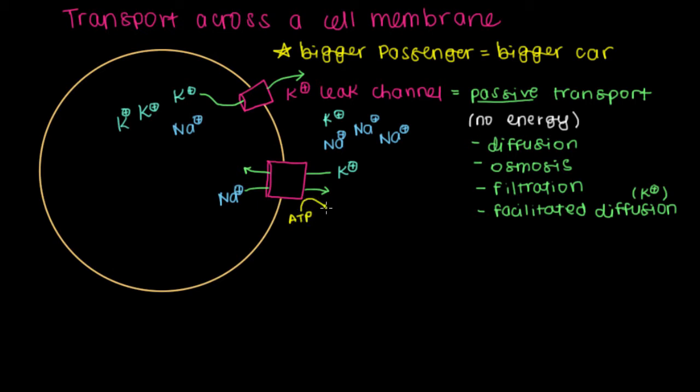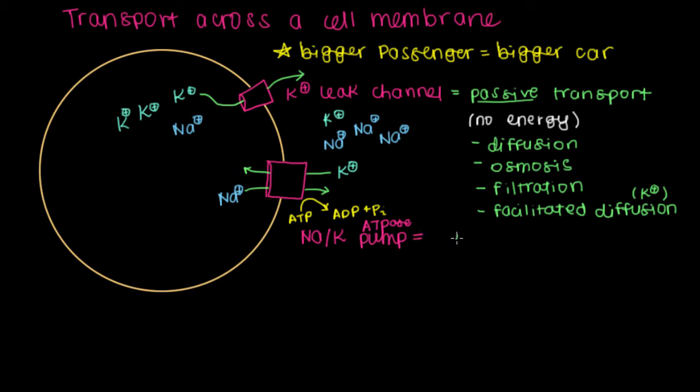And so that energy is in the form of ATP, adenosine triphosphate, which is broken into adenosine diphosphate, and there's a little phosphate group that broke off here as well. This protein is affectionately called a sodium-potassium pump, and in some books you'll see it called a sodium-potassium ATPase, because you break a molecule of ATP to use it.